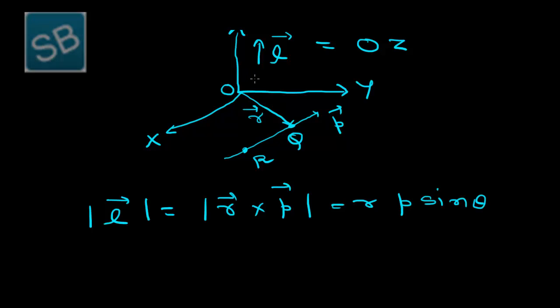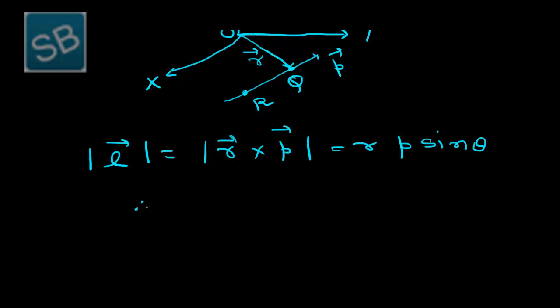Now, consider one thing: the component of vector r in the y direction, that is OR, is the actual value of r sin theta. And so the magnitude of angular momentum L is p into r sin theta.